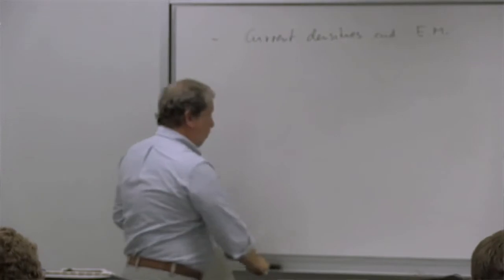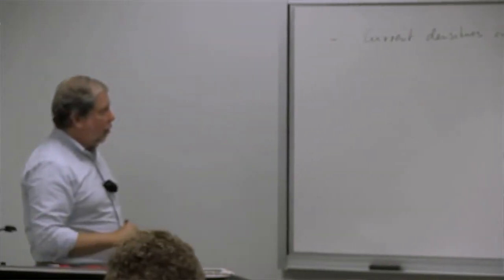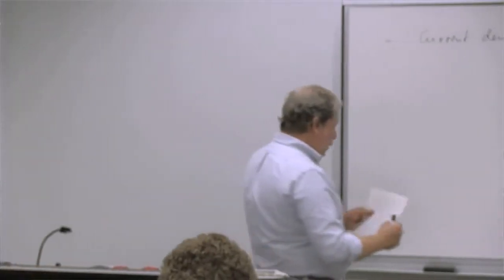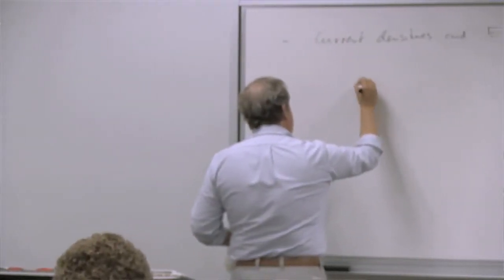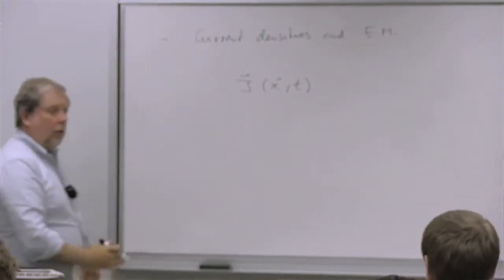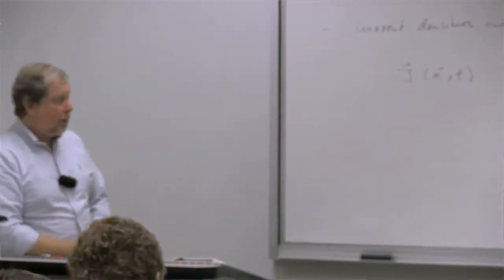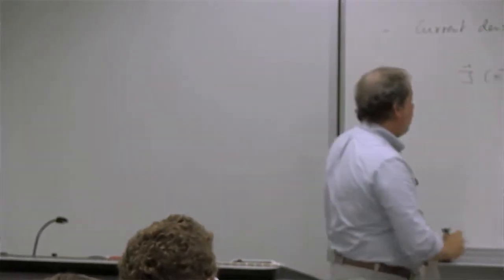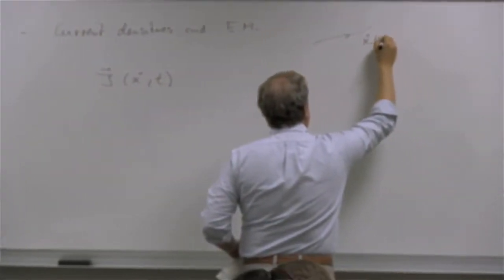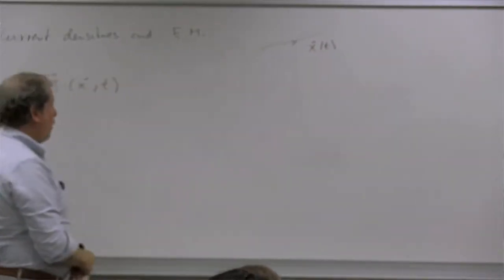And what I want to show you is that the current density in electromagnetism can be written as a 4-vector. So what we first do is we write down the current for a single particle, or maybe a combination of particles, but it will be simplest to just deal with a single particle. So we have a single particle that follows some trajectory, which depends on the time.